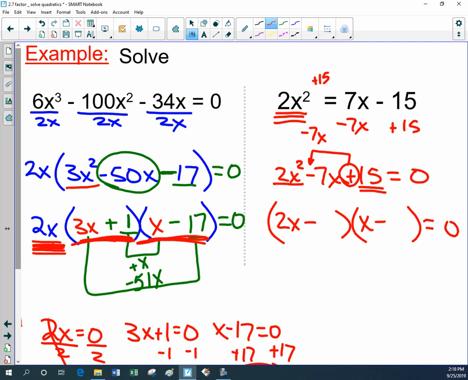Now factors of 15, 5 and 3, 15 and 1. Do a little bit of mental math here. We're trying to get a negative 7x. So if you look at this first combination right here, which is really tempting, you will see that you end up with a negative 3x and a negative 10x.